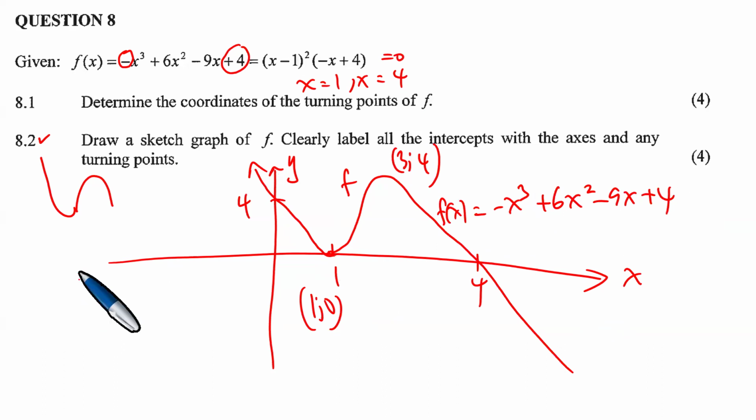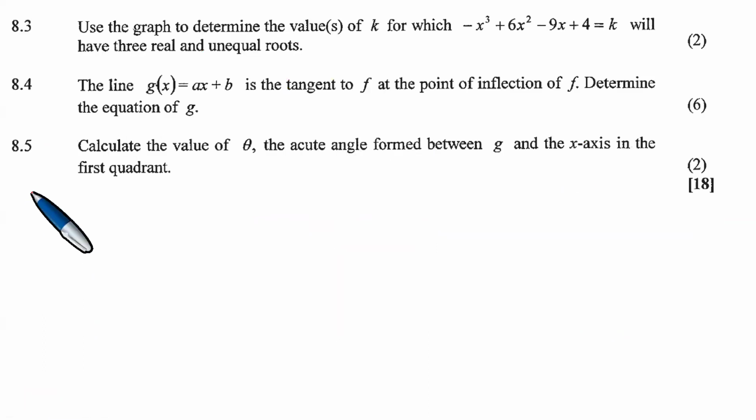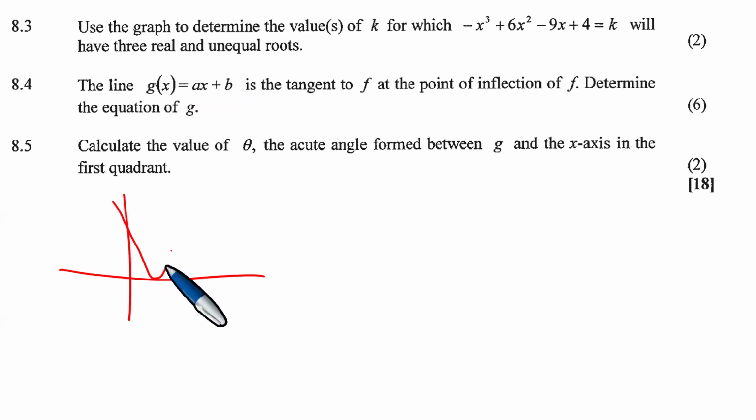We look at the next question, 8.3. Use the graph to determine the values of k for which these will have 3 real and unequal roots. If you look at the graph we have already drawn, it cuts the x-axis at 1 and 4, and this is the y-intercept.